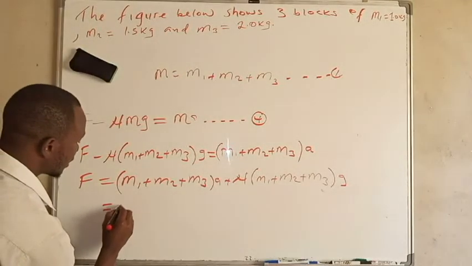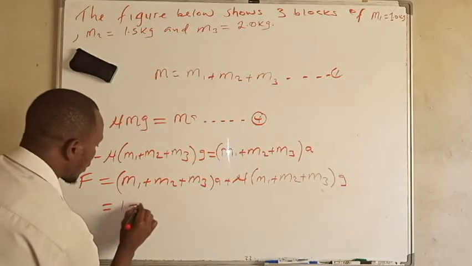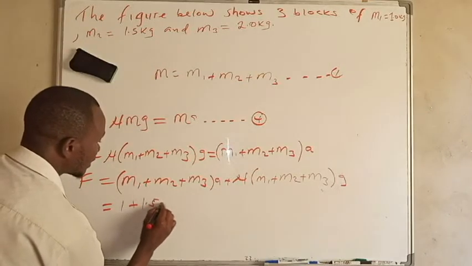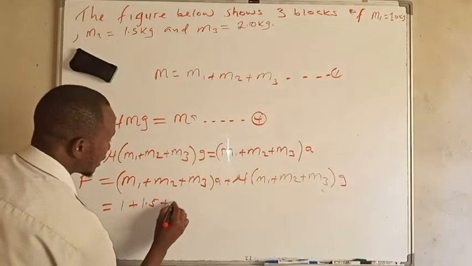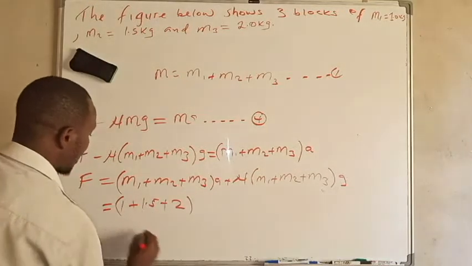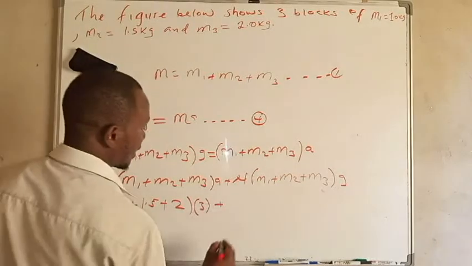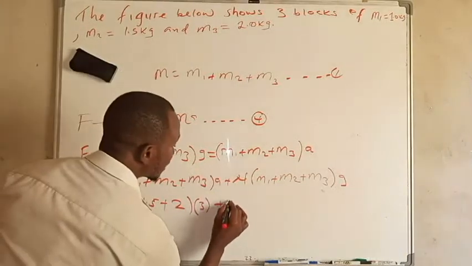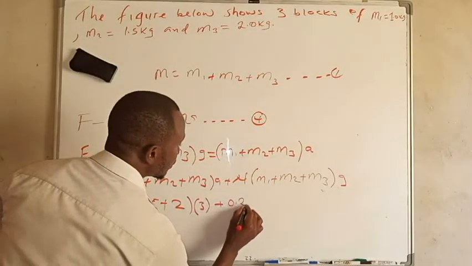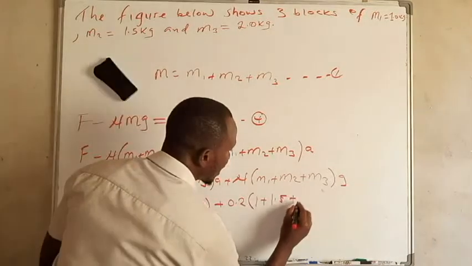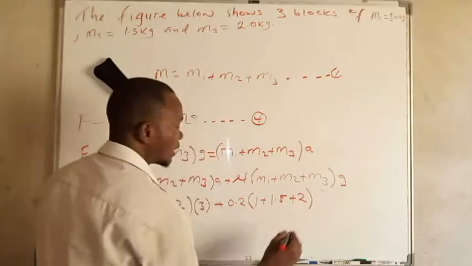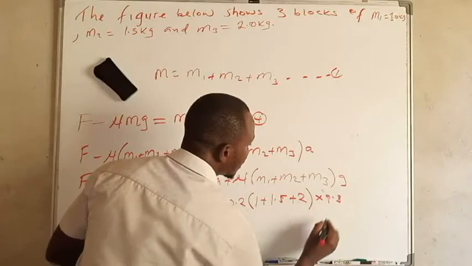M1 is 1 kg plus M2 1.5 kg plus M3, which is 2 kg, times the acceleration, which is 3 meters per second squared, plus the coefficient of kinetic friction, 0.2, times the masses in kg, times 9.8.